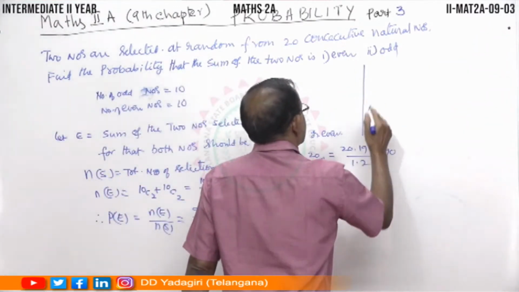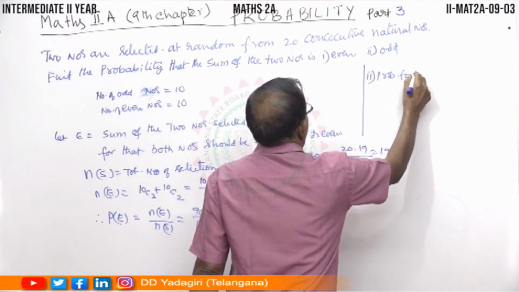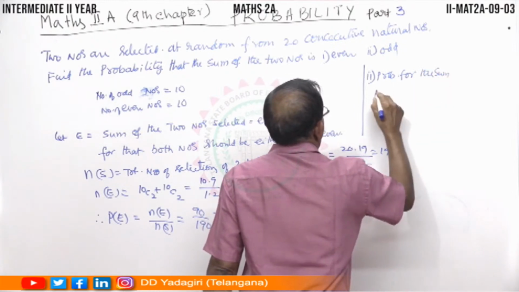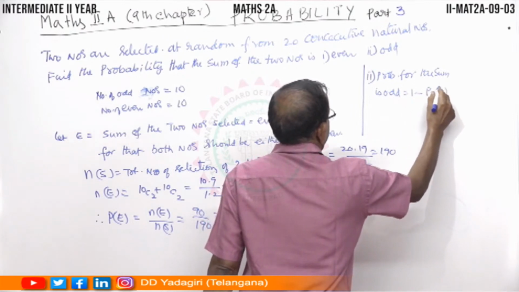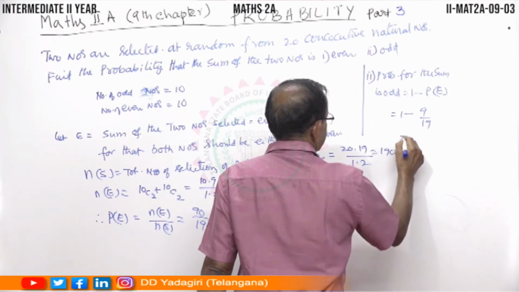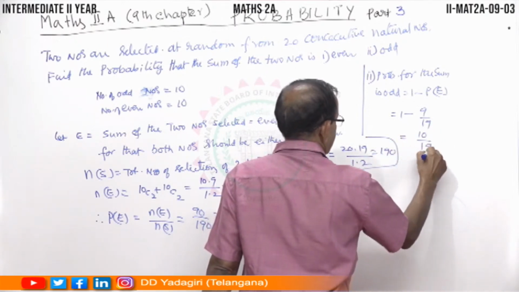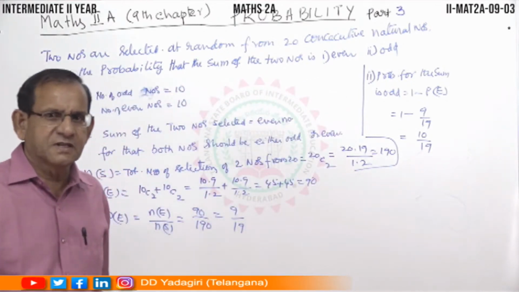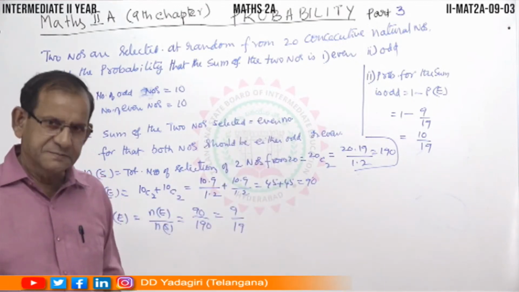So second, the probability that the sum is odd is equal to 1 minus P(E), equal to 1 minus 9 by 19, which is equal to 10 by 19. So these are the probabilities for the sum to be even and for the sum to be odd.